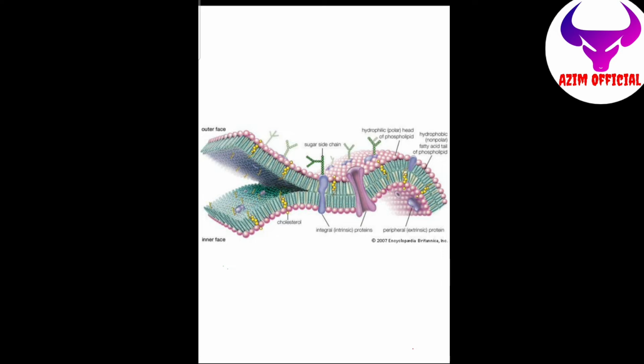So another function is to act as a ligand. They act as ligands that bind to the receptor and cause conformational changes in the receptor protein. As we know, it can act as a receptor protein also, so it acts as a ligand also.